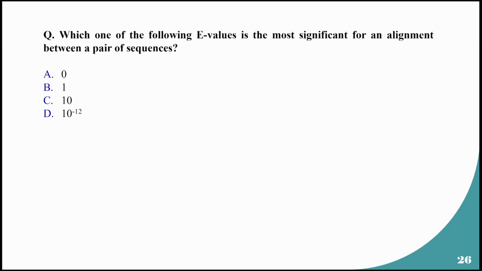Now here it is talking about which of the following E values will be the most significant for aligning between a pair of sequences. Okay, so it's introducing something called the E values. Can anybody tell me the answer in the chat? We'll look into it in just a bit.